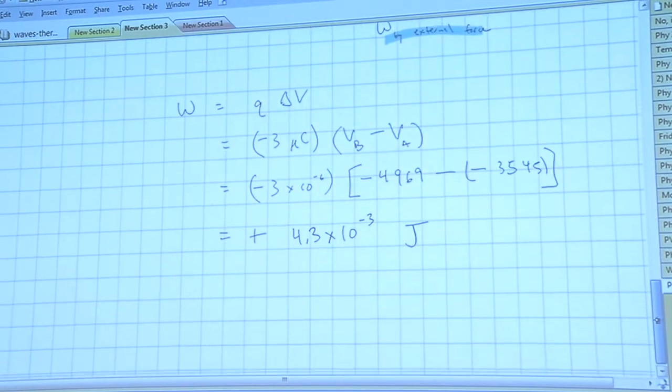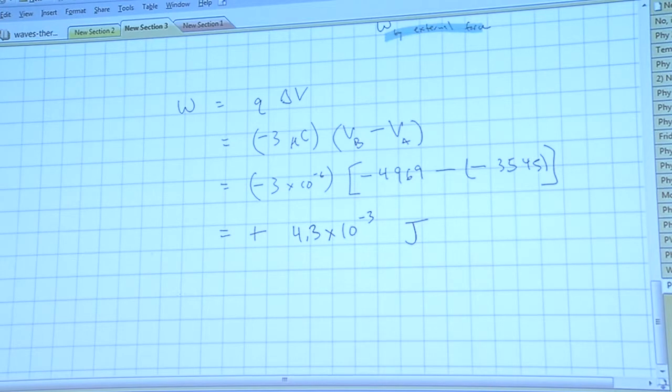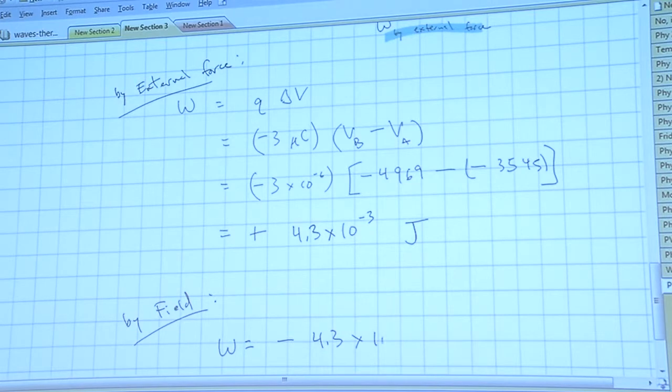That's joules. And so that's the work done, what do we say, by the external force? Okay. Good review?